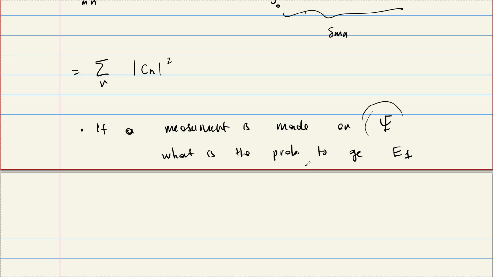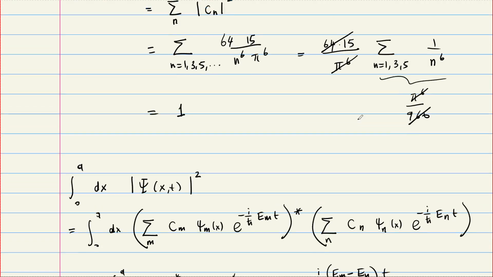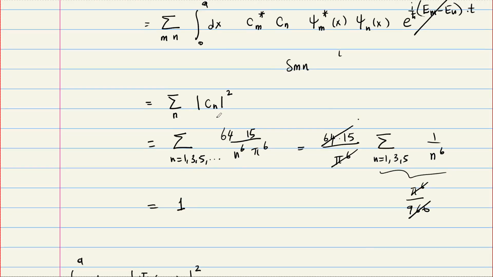Or the coefficient of C1, right? These |Cn|^2 are probabilities that are adding up to 1, and each is the probability to have the corresponding energy state. Then E1 is going to have P1, which is going to be C1 squared, and C1 is this thing.